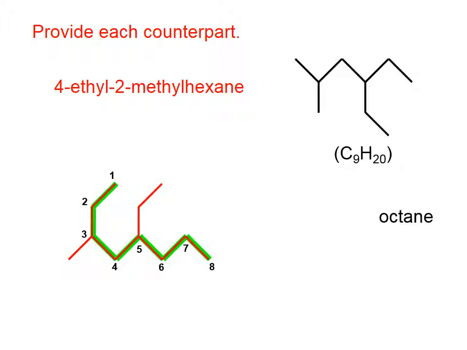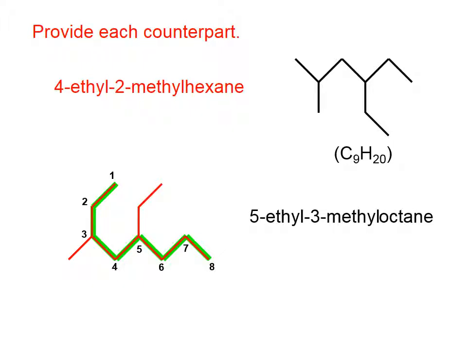What's before the octane? We've got a methyl group, 1 carbon, hanging off of carbon number 3, and then we've got a 2 carbon group, that's an ethyl group, hanging off of carbon number 5. Do we write 3-methyl 5-ethyl, or do we write 5-ethyl 3-methyl?